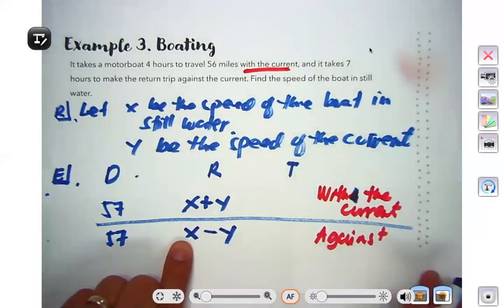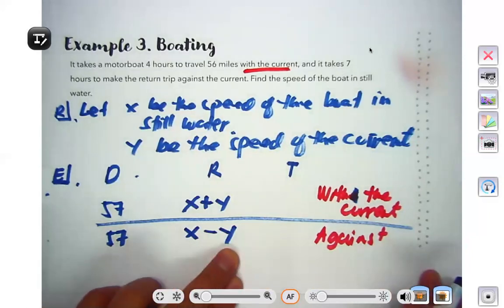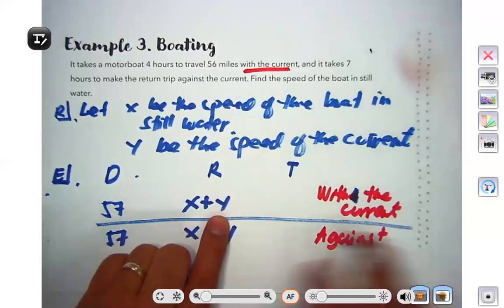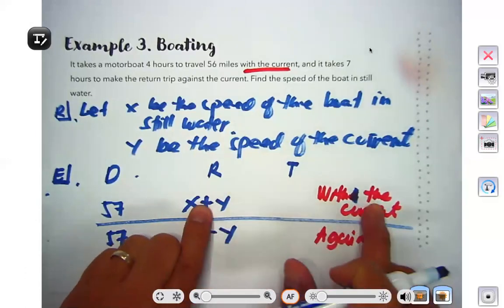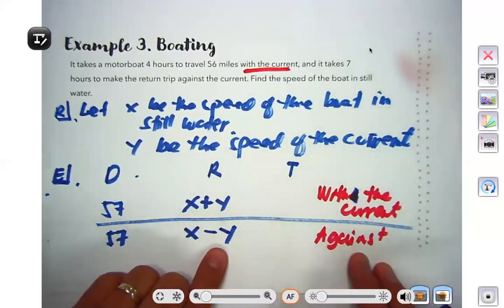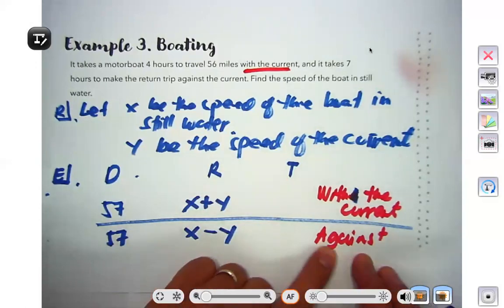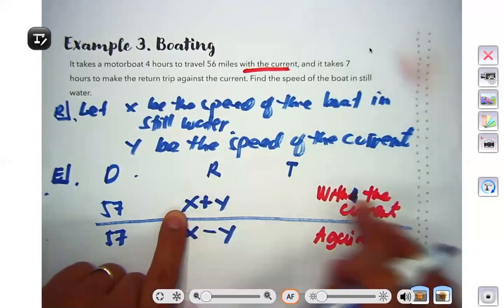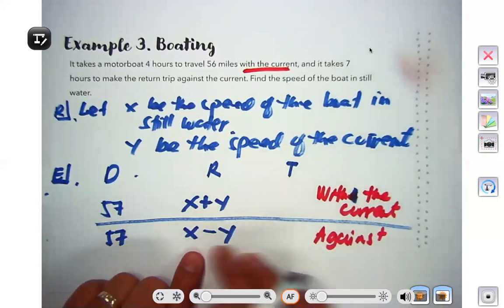That's why it's the speed of the boat minus the speed of the current. That's your rate. The speed of the boat going with the current, x plus y, and then in the return trip, the speed now would be x minus y.